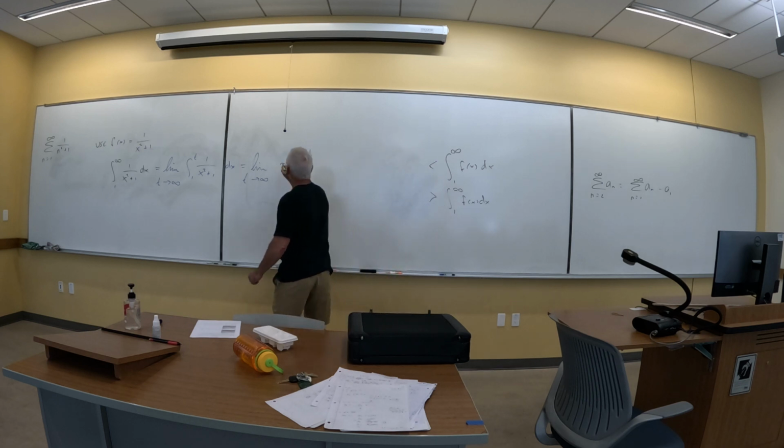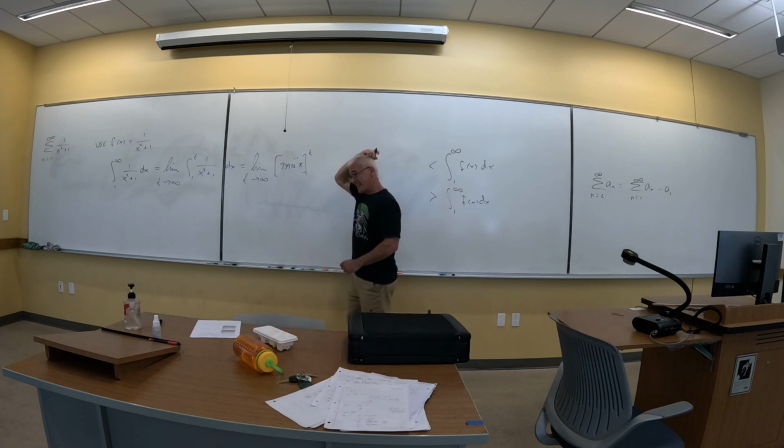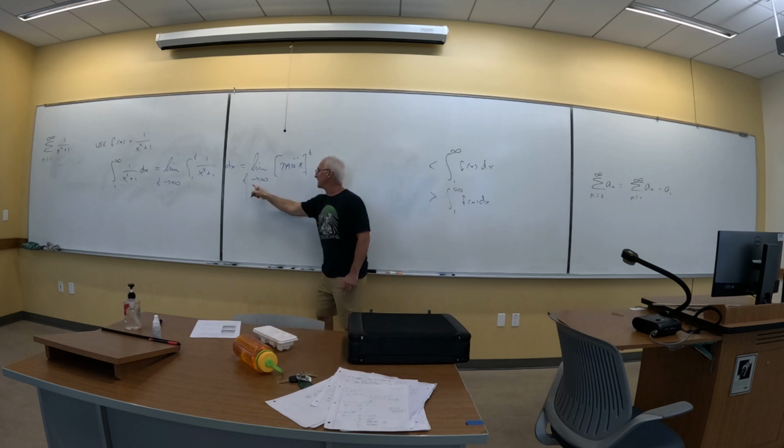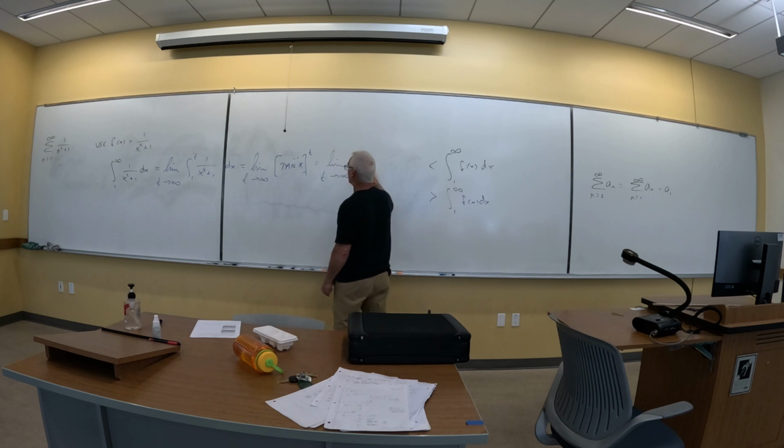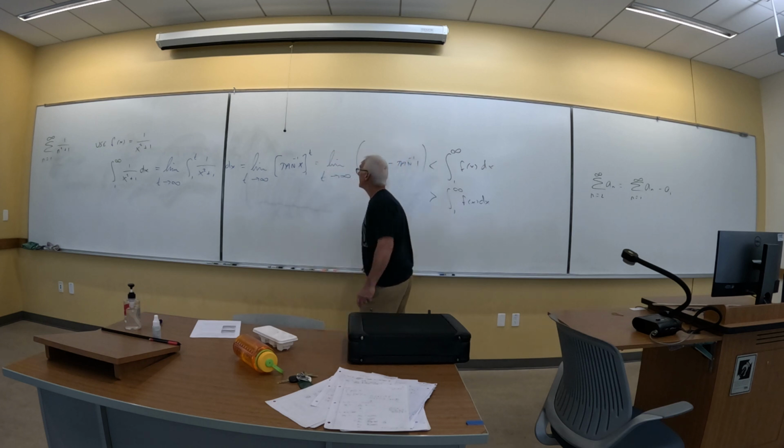I'm going to put brackets around that. A lot of us want to take the limit now. Well, I can't take the limit yet because there's no t there. You're not taking the limit of x. So this would be the limit as t goes to infinity of inverse tan t minus inverse tan 1. Is that right? Right.